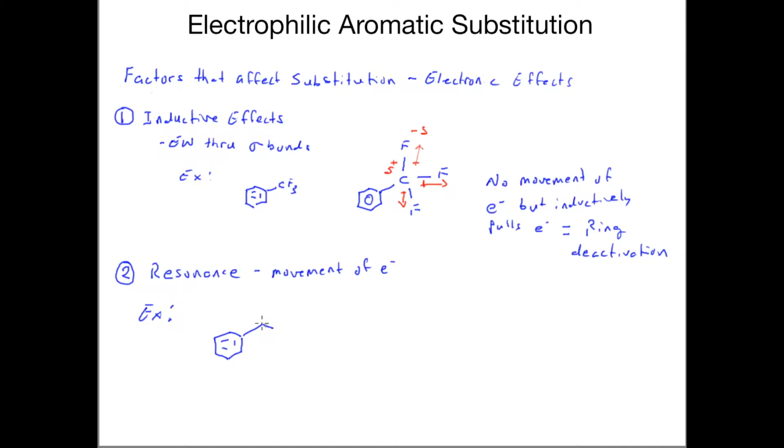on an aromatic ring. So we have a carbonyl compound here, and you can see that what we can do is we can actually take the electrons from the aromatic ring and move them onto this carbonyl. This then pulls the electrons outside of the ring. The ring no longer has full amounts of electrons, and now we'll end up with a positive charge on it.